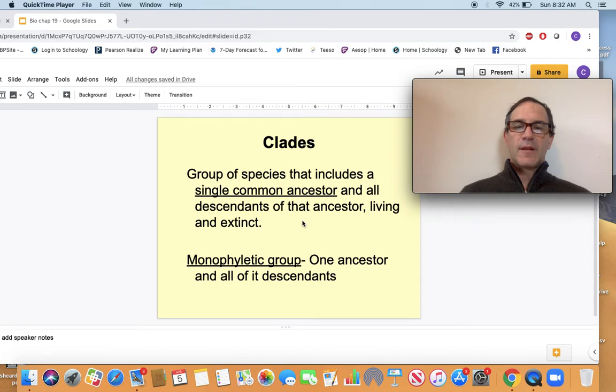A clade must be a monophyletic group to be a valid or good quality clade. What that means is that they came from one ancestor and it must include all the descendants. It can't leave anybody out and it can't include anybody who didn't come from that common ancestor. Okay.